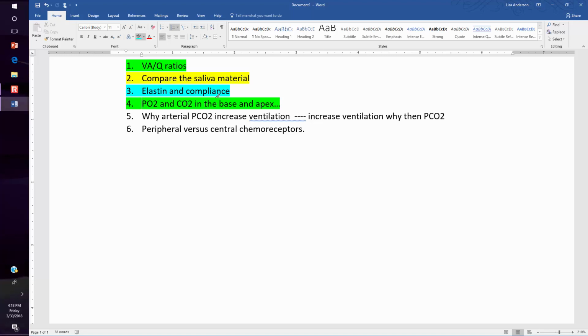What you did in lab was you took a big breath, and then you blew it out, and you measure how much you blow out in 1 second. That's your FEV1. And you measure how much you blew out total, and that was your forced vital capacity.